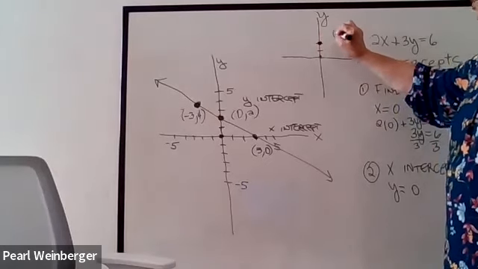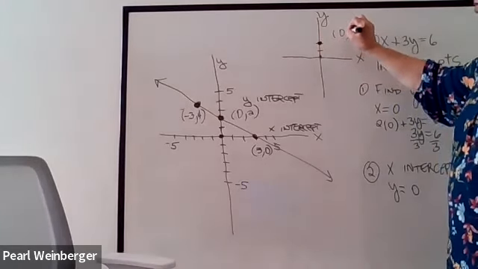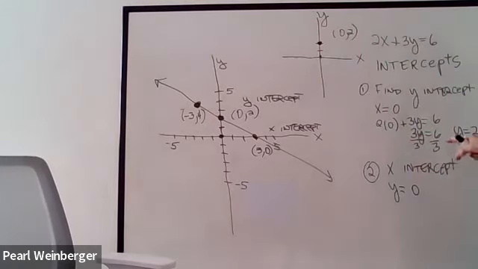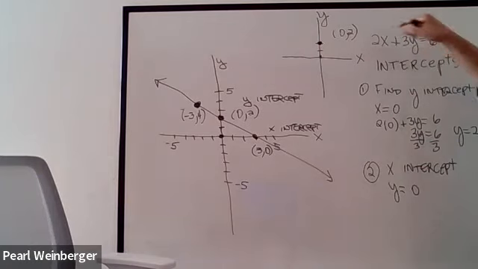To write it as a point, you'd have to write it (0, 2), because a point always needs an x and a y. The x has to be 0, the y is 2. That's 1 point. Let's find the x-intercept. To find the x-intercept, I'm going to take my original equation and replace the y with 0.